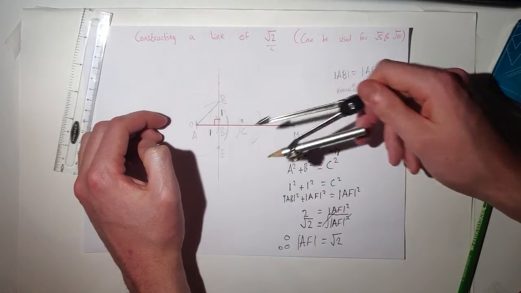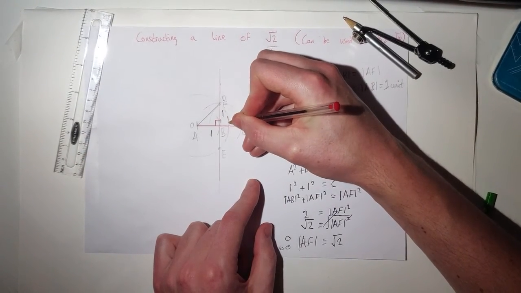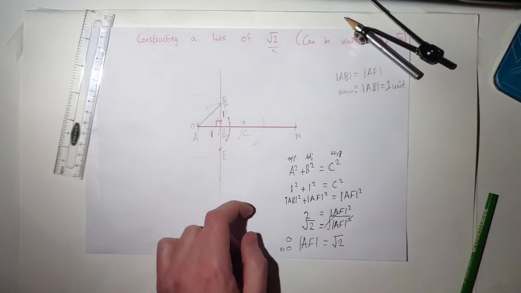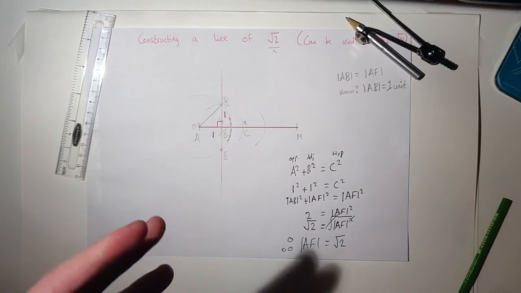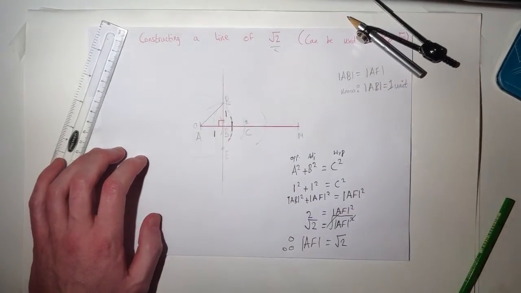So what I've now done is you can see this line. I'm just going to, with just kind of dotted lines, that's the line I drew on the compass, which is the length root 2. So I'm going to just do a line like so.